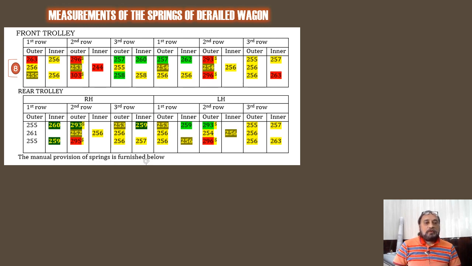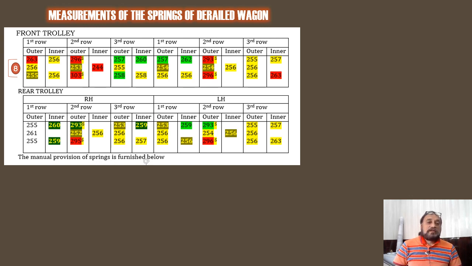When we go to second row, the outer springs are snubbers and we have one single outer spring. So this also falls out of the range, and here one snubber having a height of 303, this does not belong to this particular CASNUB trolley, which is 22 WM. 303 falls out of the range, perhaps this is for HS.